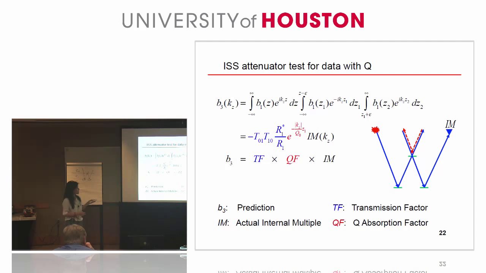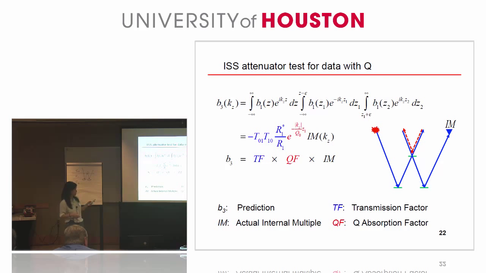There are two terms, shown in different colors. The first, blue term we call the transmission factor, TF. The TF here is related to the transmission loss at the layers above and on the interface where your multiple has its downward reflection.